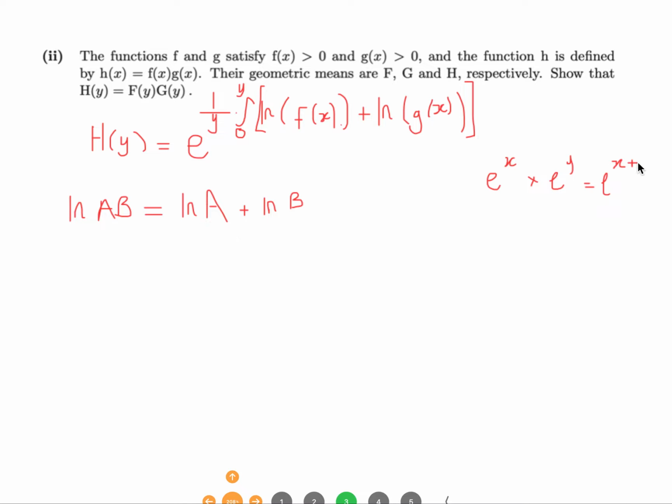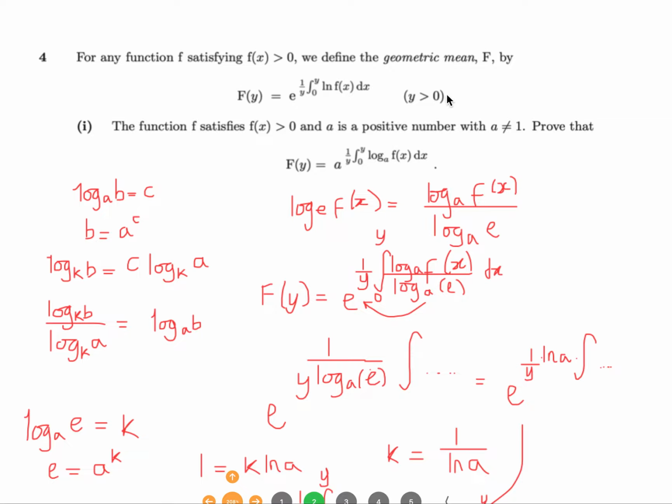So this is going to be a product of two geometric means, which I think is what they're called there.